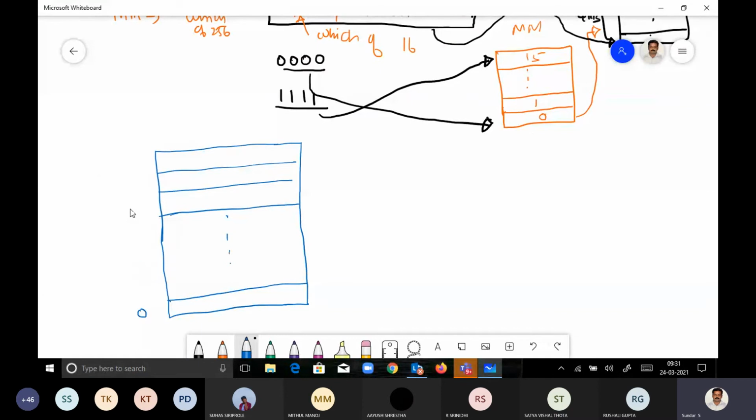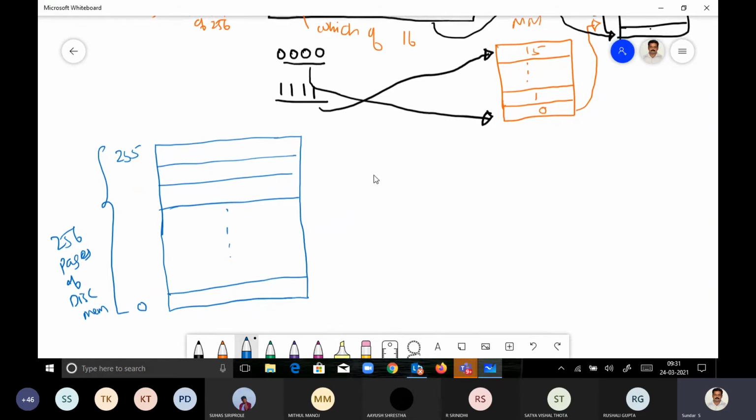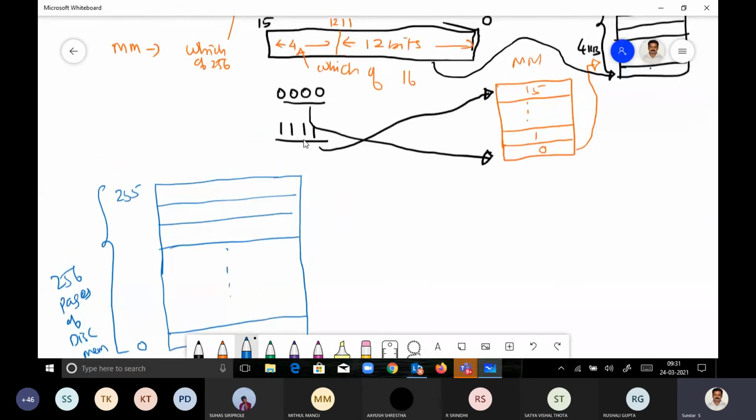In this case, 256 pages, so 0 to 255. Now, how many columns? That depends on how many bits are used. How many bits are used here? 4 bits. So that many columns.